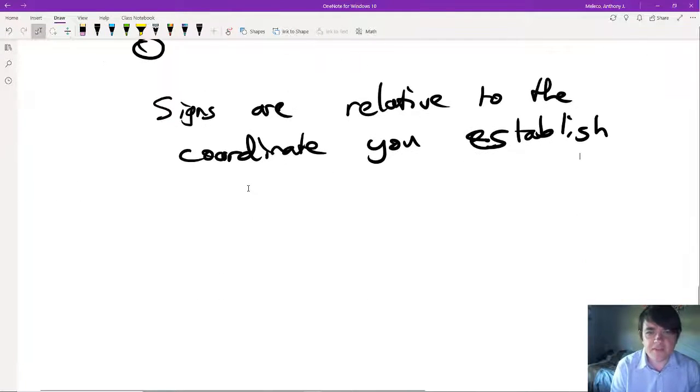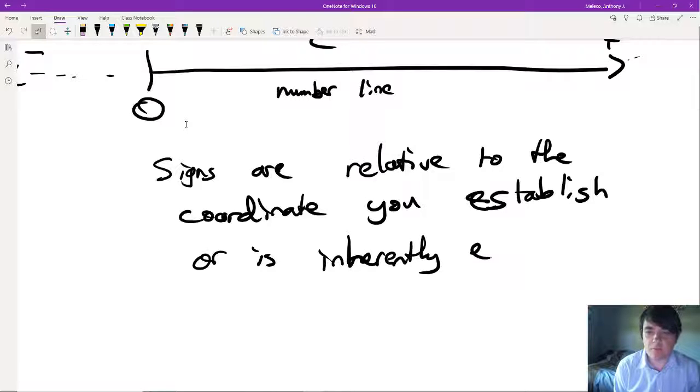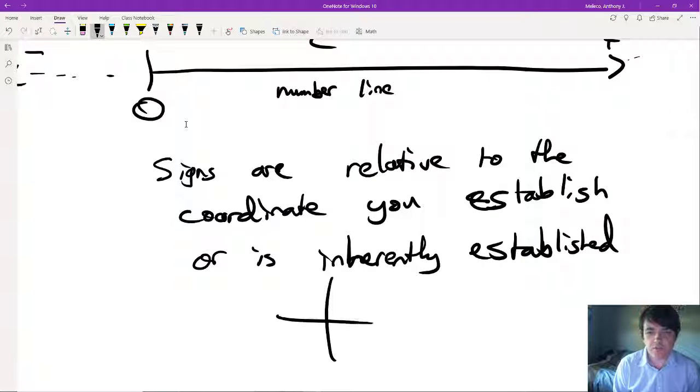Or is inherently established, right? So if you don't establish an origin system, it's usually just your typical Cartesian system with, in this case, the proton at the very center, at the origin.